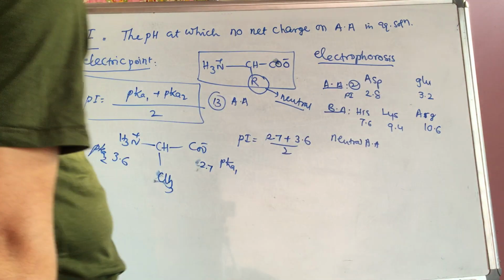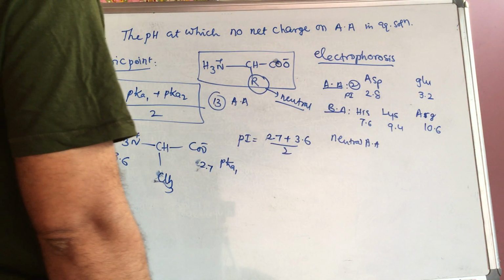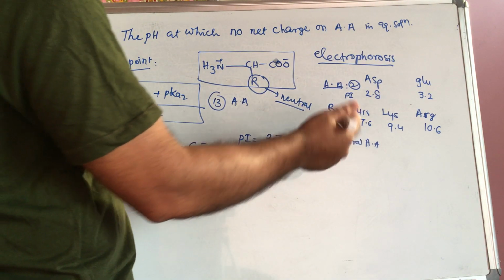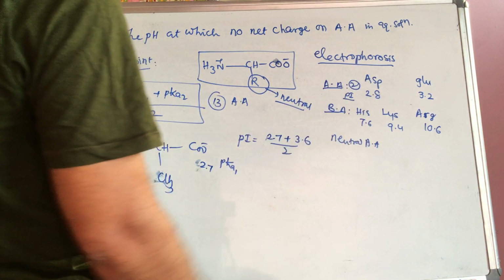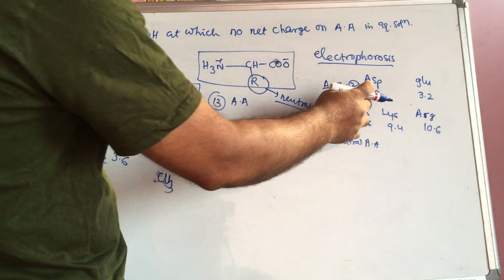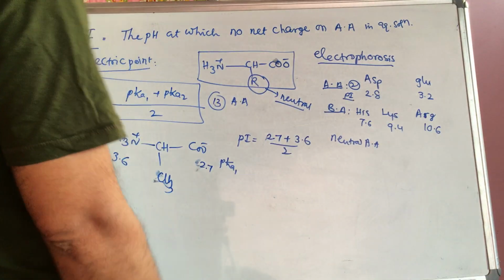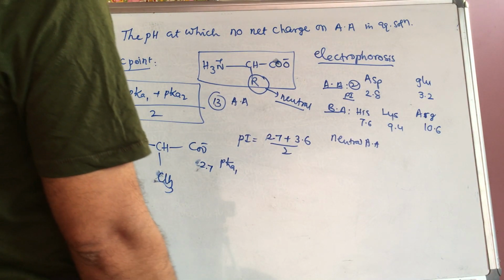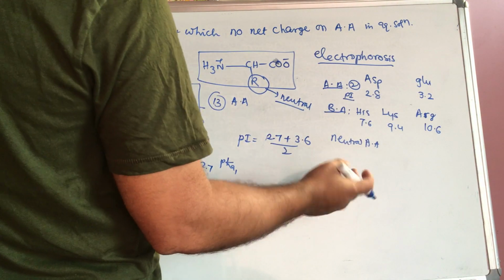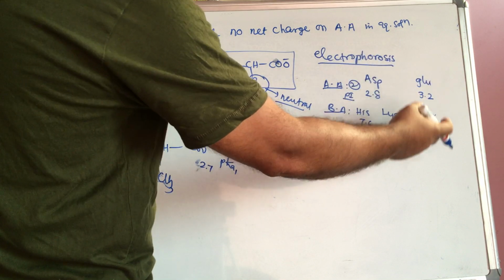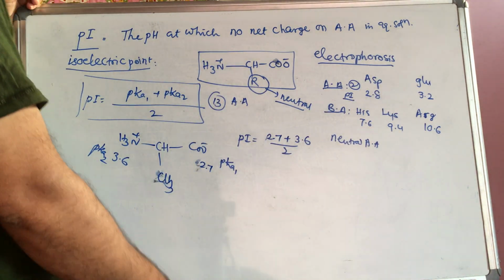Based on the isoelectric point you can also decide the acidic and basic nature. The lower the pI, the stronger the acid; the higher the pI, the weaker the acid. In basic amino acids, the higher the pI, the more basic; the lower the pI, the less basic.